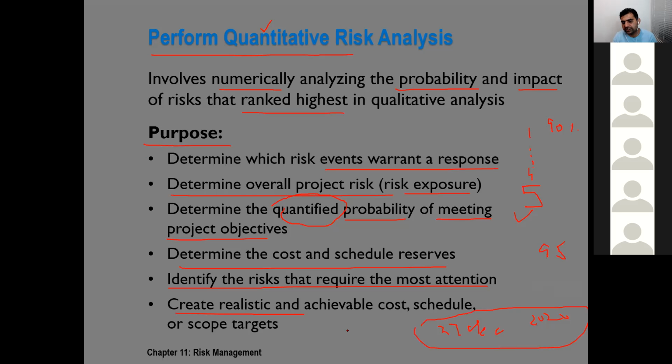Maybe it is 85% chances that we will complete on 27th of December. And what about completing this project on, for example, 5th of January? Okay, this is like 88% chances that our project will be completed on 5th of January. So this type of numbers, this type of figures, quantitative analysis can give us.